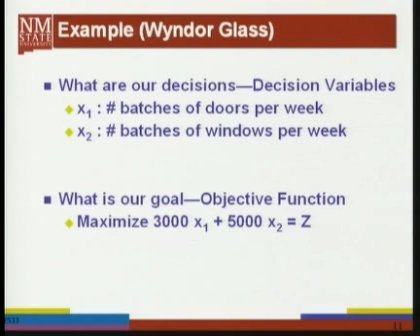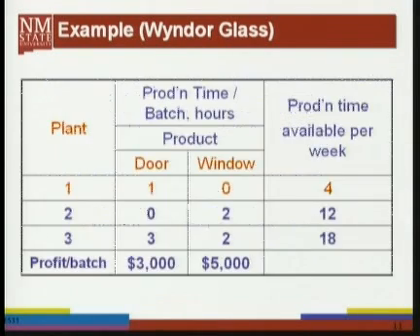And we also need to determine the constraints. In plant number 1, only 4 hours are available per week, and each batch of doors produced per week uses 1 hour of production time per week in plant number 1. So this restriction can be expressed mathematically: x1 is less than or equal to 4, right?